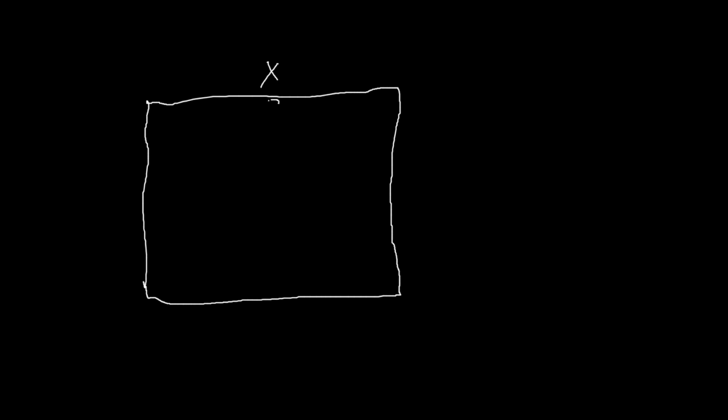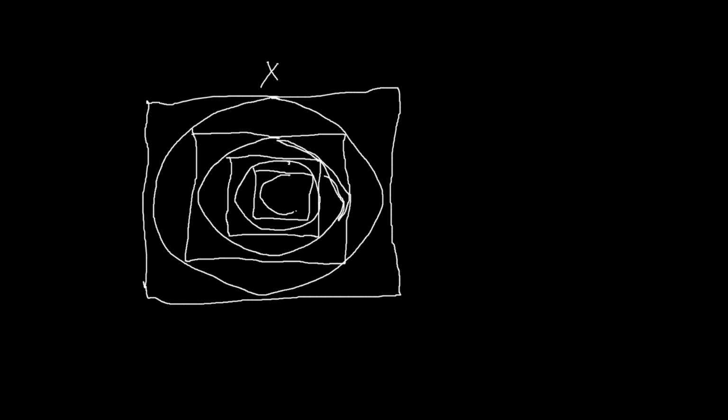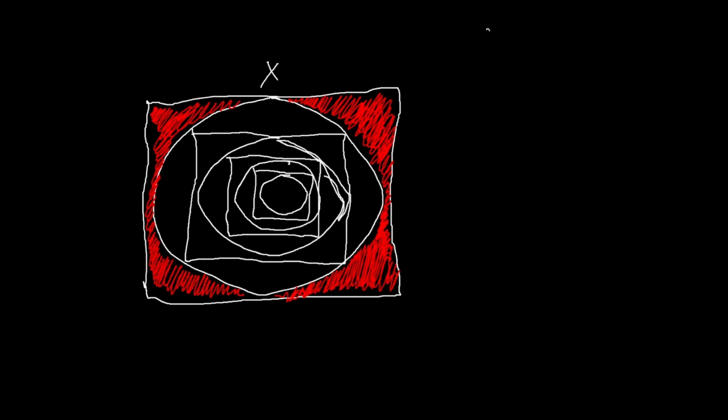Okay, let's see. So I'm starting with X. I'm going to try to embed this circle. It goes like so. And now we can color it with various colors. So I'm going to color the outer region red. Then the second square, or the first inner square, is orange.